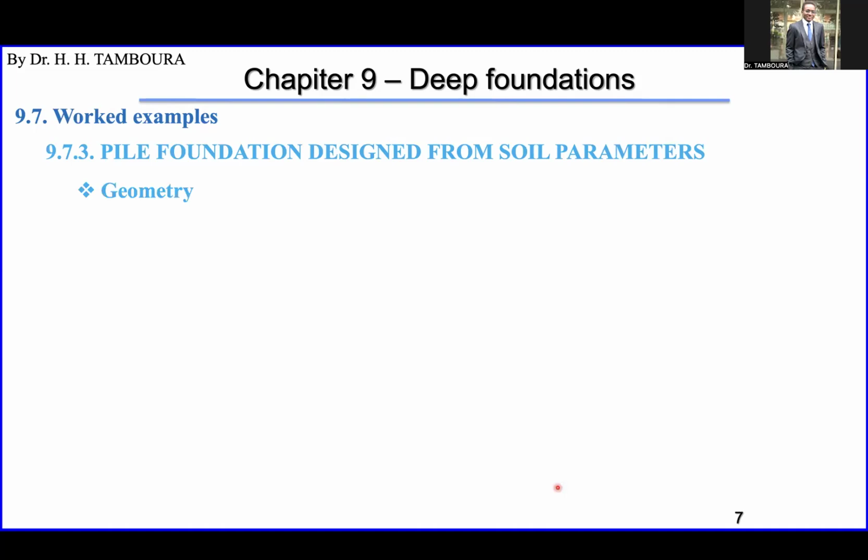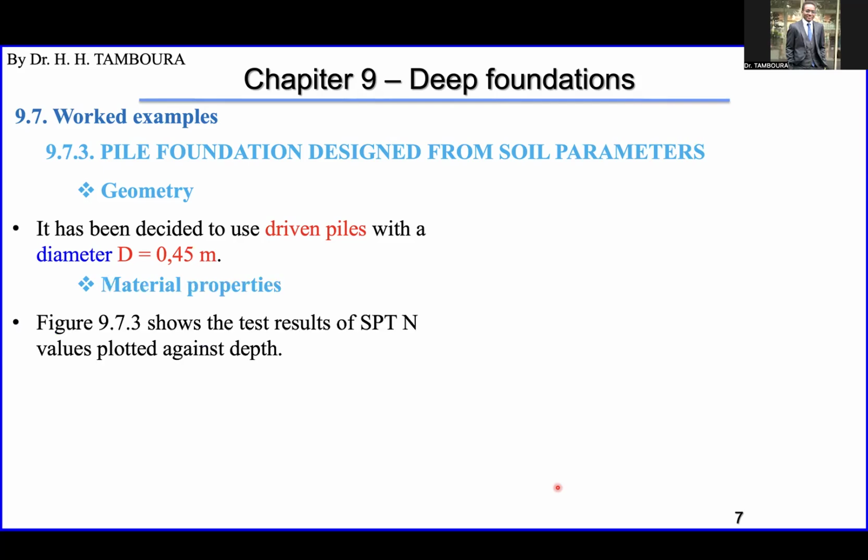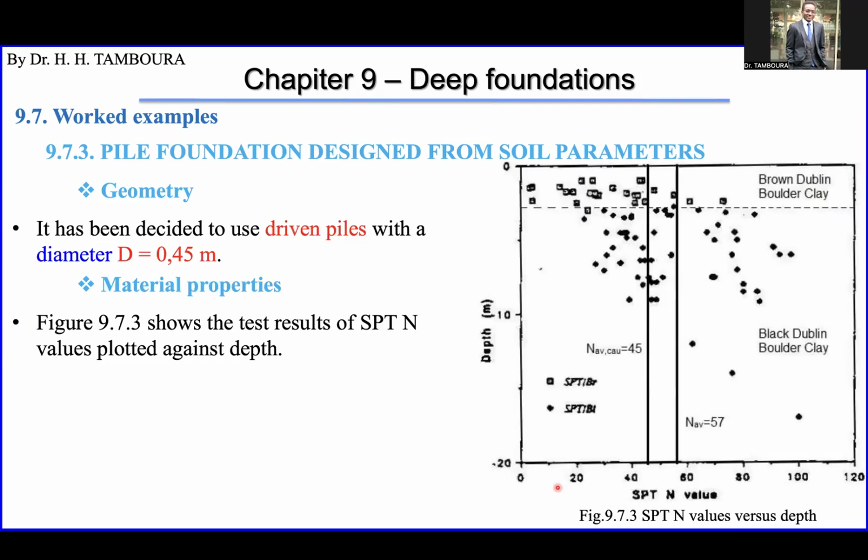Okay, the geometry: 0.45 meter in diameter. I think this was the same value in example 2 we did. And the material property: this figure is showing us the SPT N value, with the values here and depth here. This doesn't mean the location of the test, it's just the value.